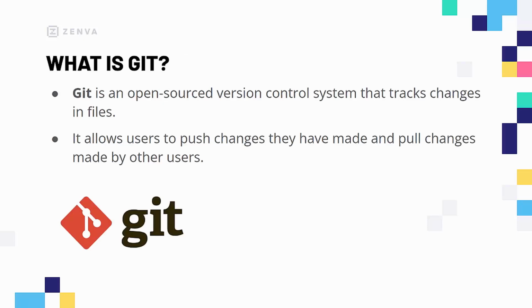So let's first of all go over what is Git. Well, Git basically is an open source version control system that tracks changes in files. Okay, so this basically allows you to push changes that you have made to your Unity project to this repository, and then you can also pull changes if you are, for example, an artist and you want to work on the project.